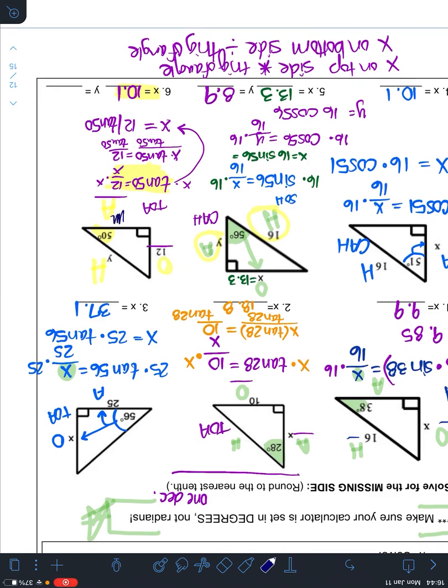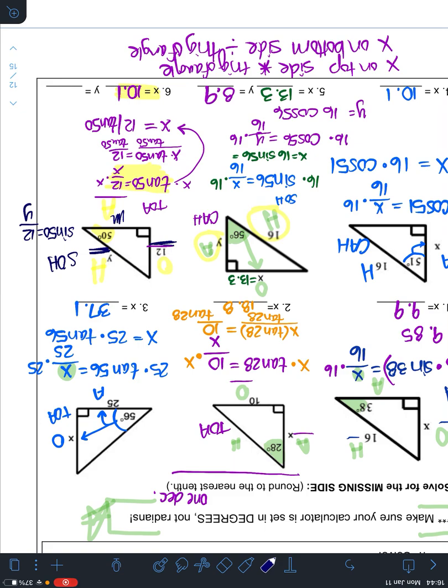So now let's ignore x. So we're just going to ignore that x. So to do y, we need the opposite side and the hypotenuse side. So opposite and hypotenuse, that's sine. So sine of 50 is equal to opposite 12 over hypotenuse, which is y. Now remember, we talked about it.